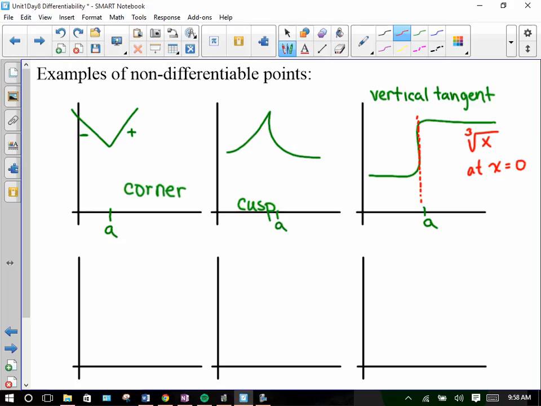Those are the three instances where the slopes on the left and the right are not equal.